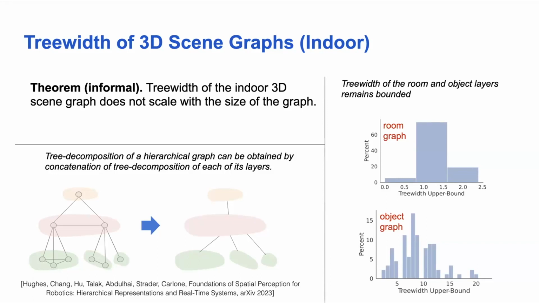And the second one is a more empirical result, which shows that the tree width of each of its layers is also bounded. And in fact, we argue and prove it for the room graph as well. It turns out that room graphs mostly have tree width of 2 and no more. So that's great. What it means is that on 3D scene graphs, you can do polynomial time graph algorithms for all kinds of graph problems.